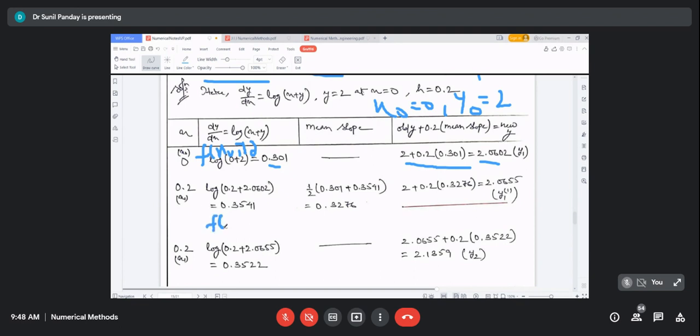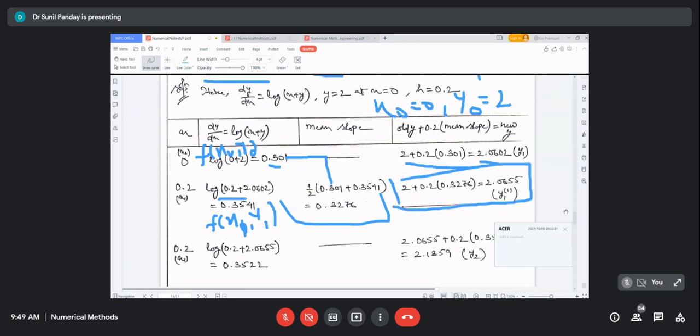So here we are calculating again, not x naught, sorry, x1, y1 we have obtained from the recent step, this one, and then the average of this plus this, you will get the mean slope, and then you apply your Euler's modified method, and you will get this first updated value of y1.